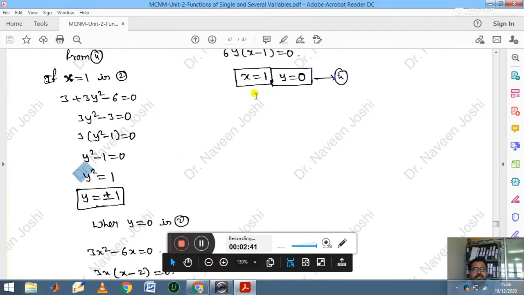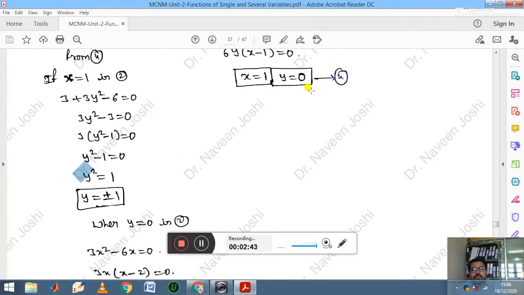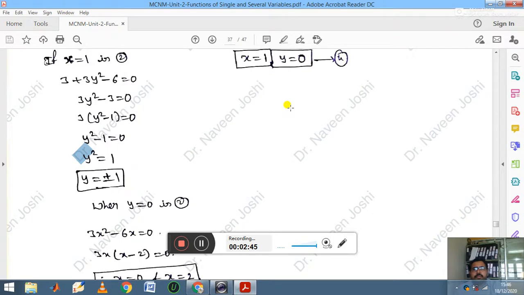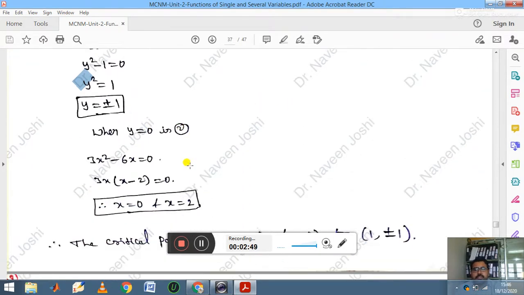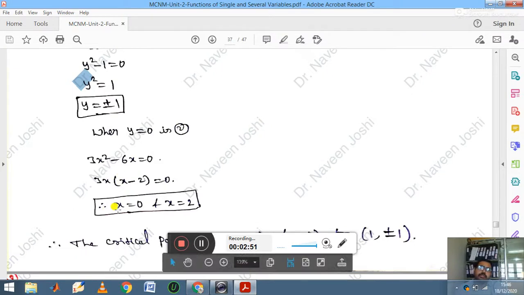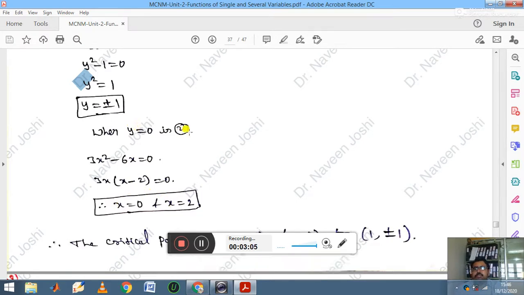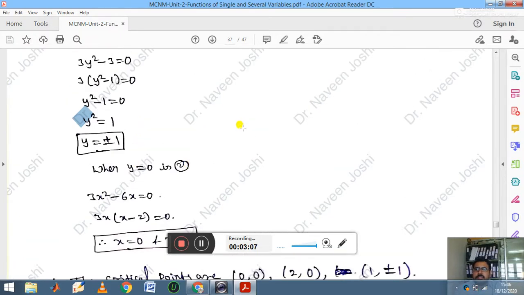Then you go for the second: when y equals 0, what are your x values. You substitute y equals 0 in equation 2 and simplify. Here you are getting two x values, that is x equals 0 and x equals 2. Then what are your critical points? When x is 0, y is 0. When x is 2, y is 0. Totally you are getting three sets of critical points.